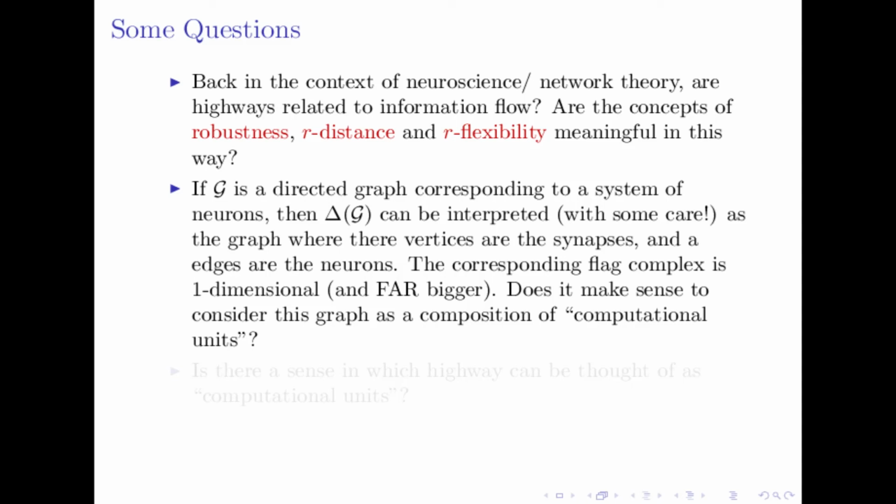But the connections are the vertices, and the edges are actually the neurons connecting them. And it turns out that what you get is the associated line digraph. That's exactly what it is. That's where this theorem that I just stated comes from.